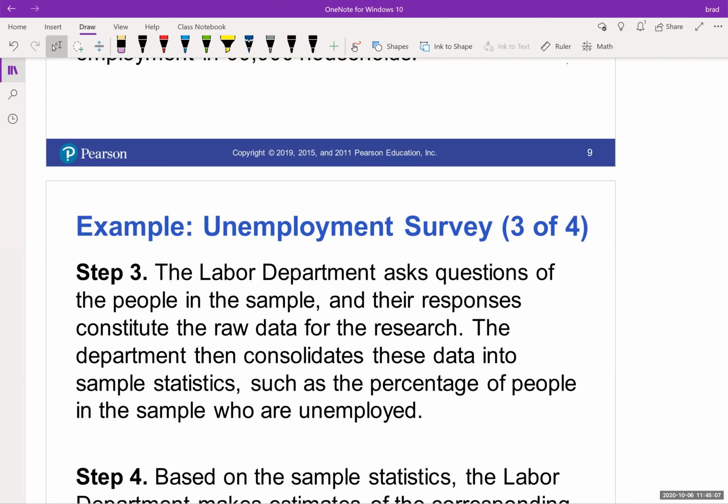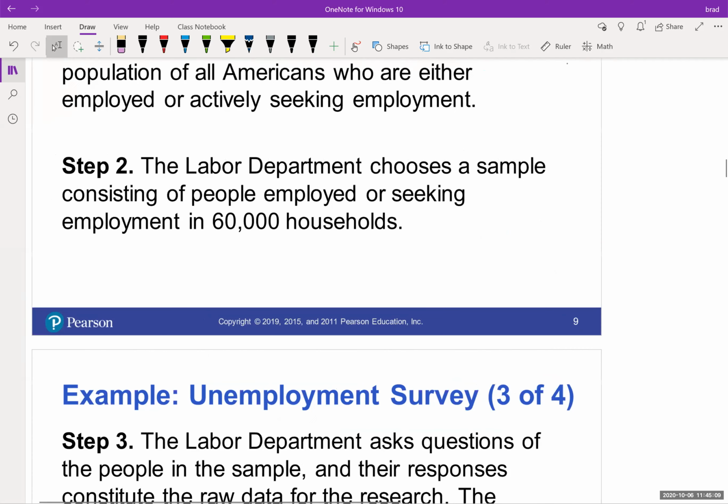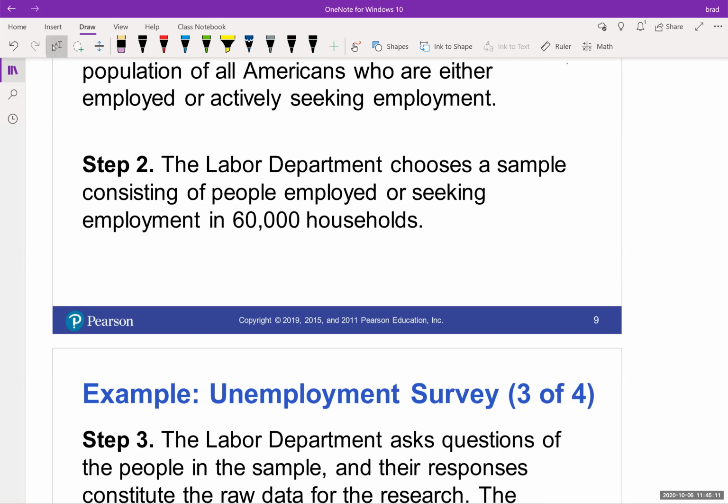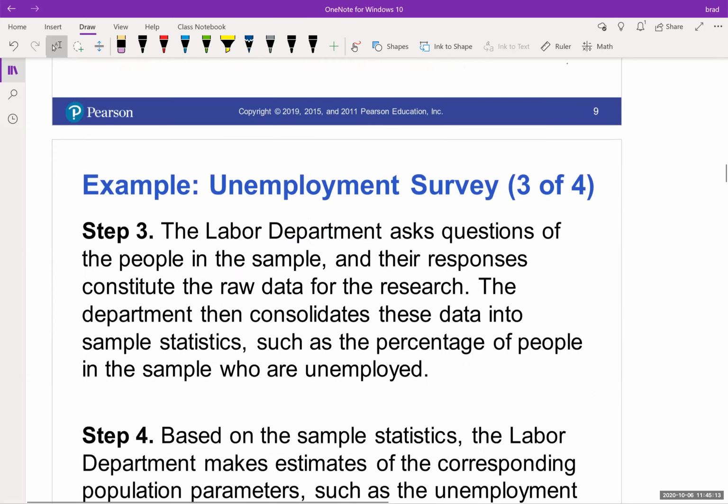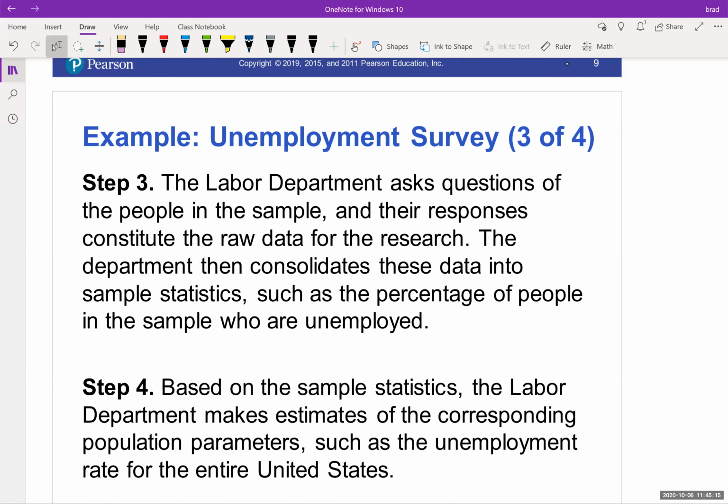The only thing is, they don't tell us what questions they're asking. But we know it has to do with whether they're employed, unemployed, or seeking work. There's a lot of data they could gather, and then they try to identify something that they want to talk about.